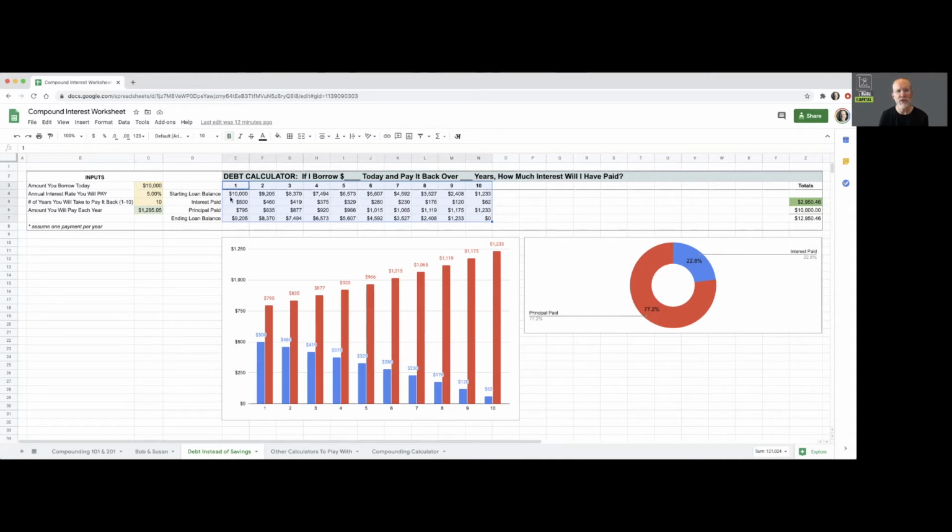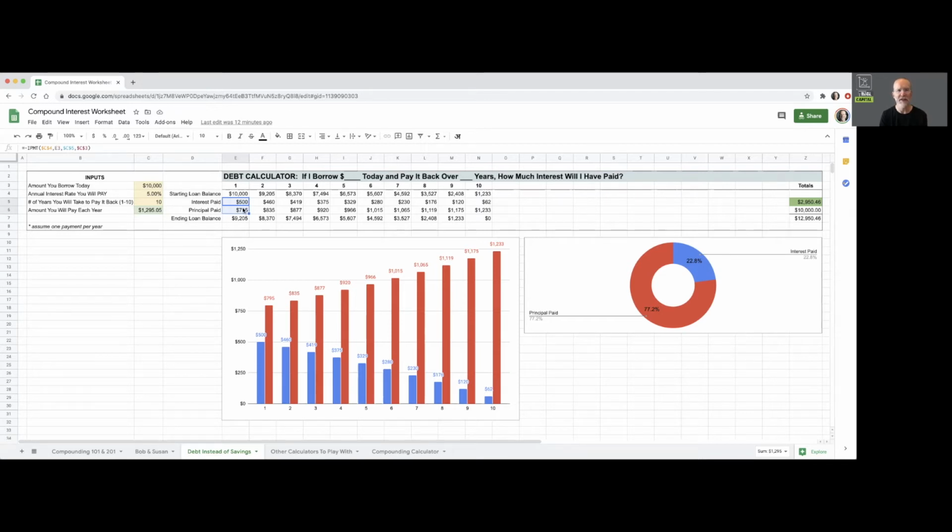So let's take a look at that. What it shows you is your starting loan balance. We borrowed $10,000, so in year one it is obviously $10,000. And over the course of the year, we pay $1295. But that's broken up between an interest payment and a payment on the principal of the loan, the actual loan amount that we're paying down.